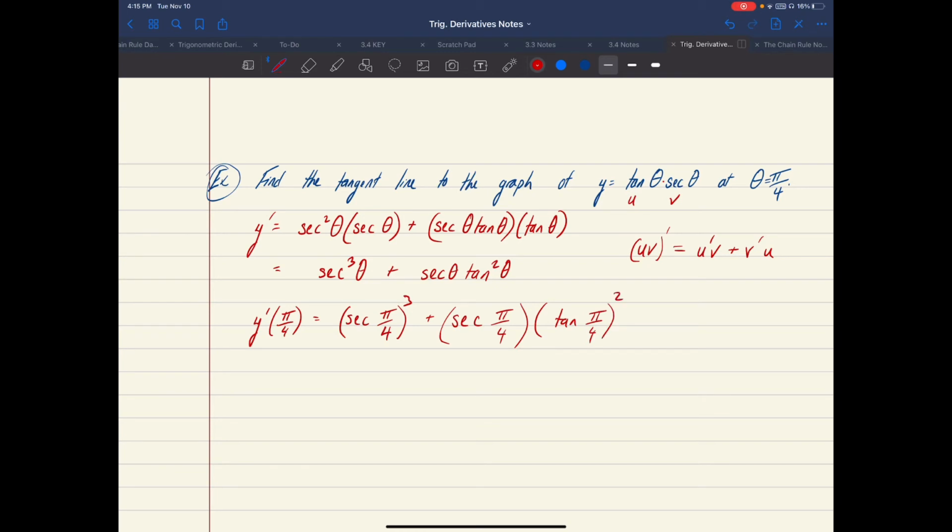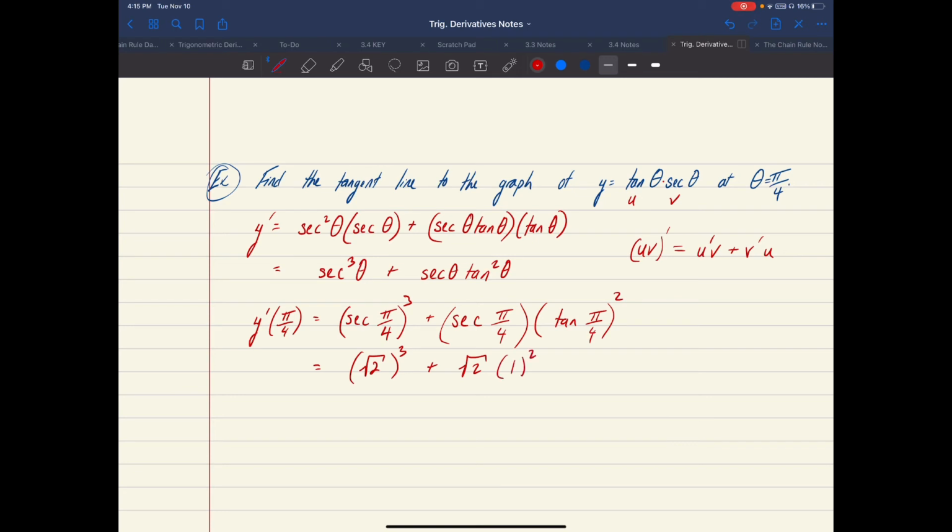Now I just need to remember what secant of pi over 4 is and what tangent of pi over 4 is. Secant of pi over 4 is root 2, and tangent of pi over 4 is 1.